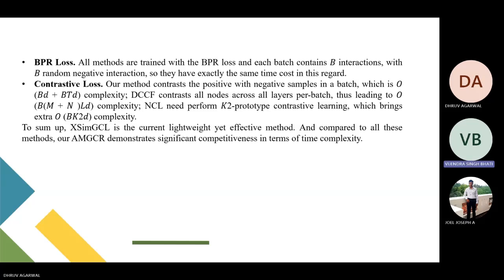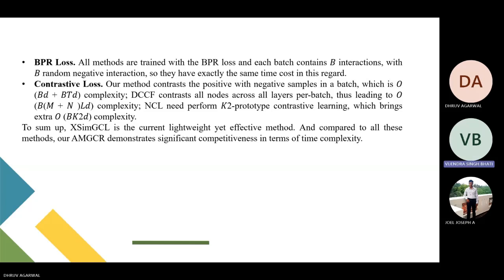So all the methods utilize BPR loss, where each batch includes B interactions and random negative samples, giving the same time cost across models. Now the contrastive loss model complexity. Our model contrasts positive and negative samples per batch with order of BD plus BTD complexity.